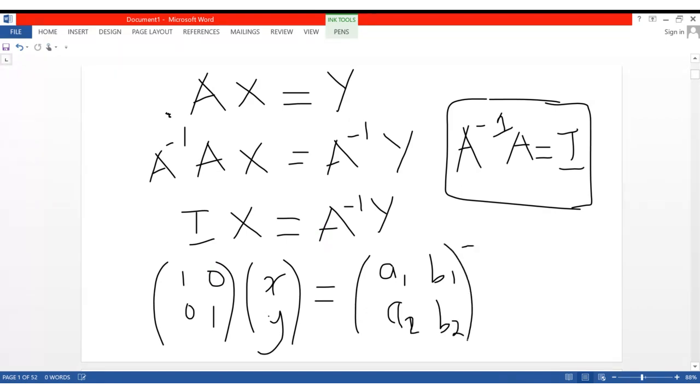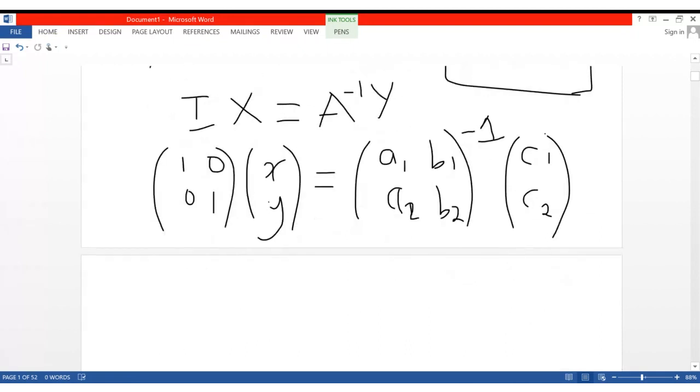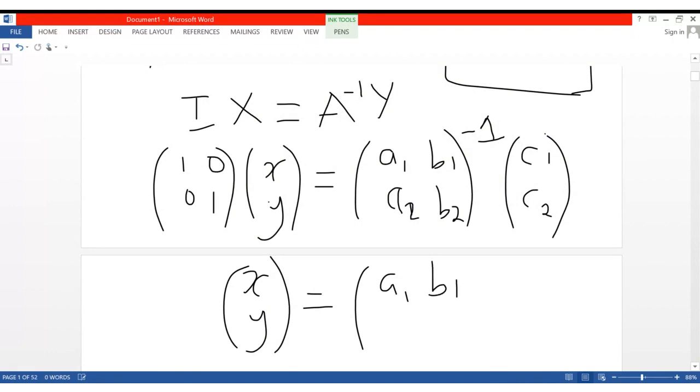Then we shall get the inverse of that one, and our Y was given by c1, c2. If you multiply the identity matrix 1, 0, 0, 1 by any matrix, we still get x, y on this side. It will be given by the inverse of a1, b1, a2, b2, times c1, c2.